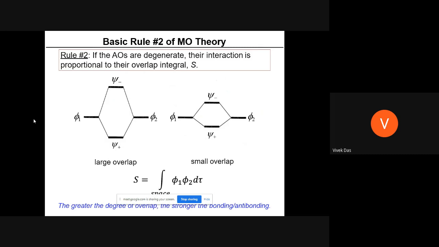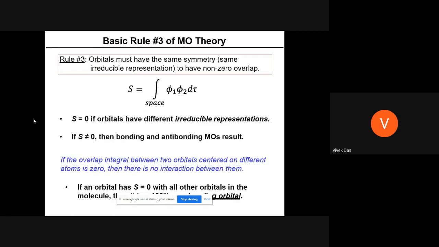The overlap part is also not very simple. It depends on some other factors, like the orientation and the shape of the orbitals. I will show you this in later slides. The orbitals must have the same symmetry, which I told you earlier. All of you have done group theory till now, I guess.